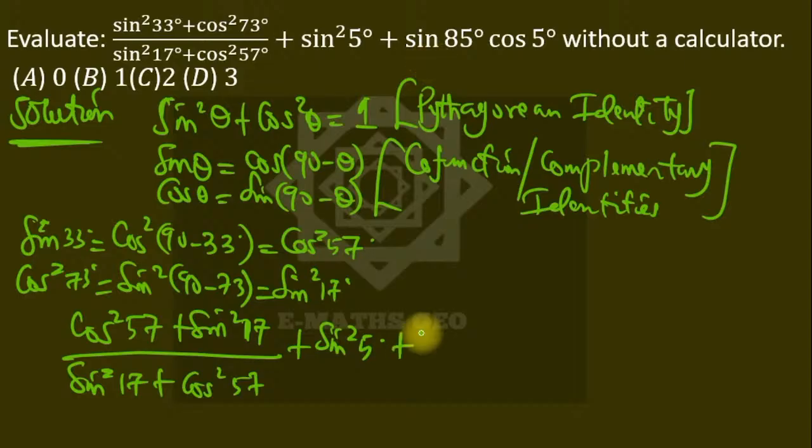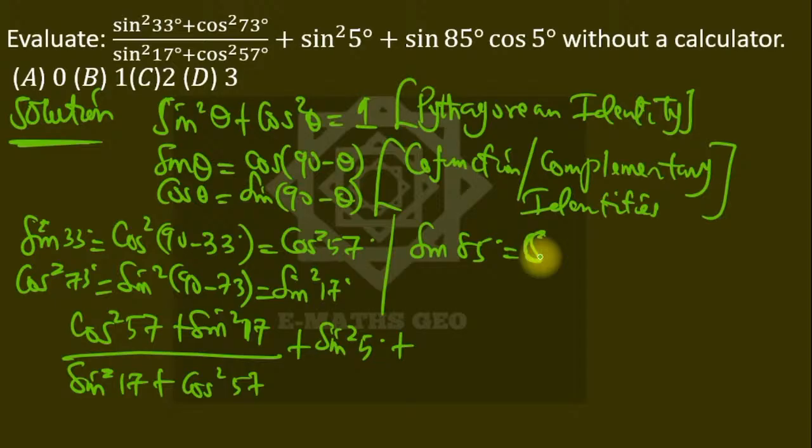So coming here, we'll repeat this: sine squared 5 plus sine 85 is cos 90 minus 85. I'm saying that sine 85 is the same thing as cos 90 minus 85, which is cos 5.